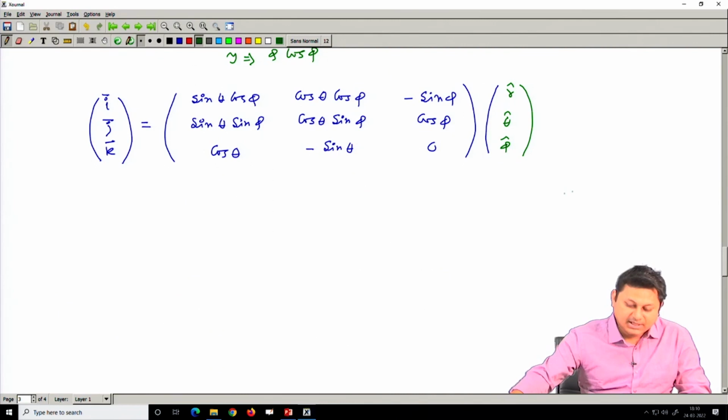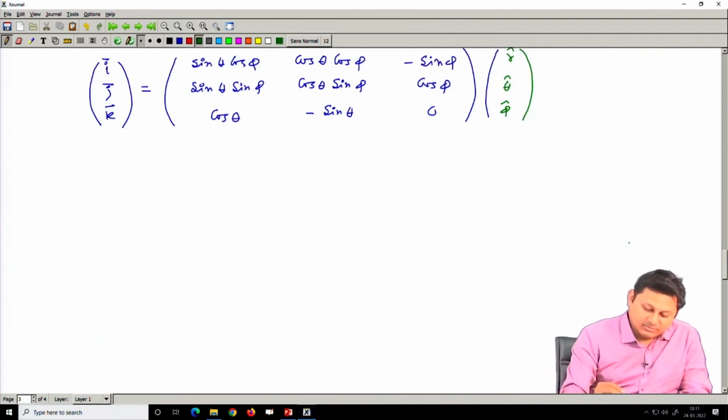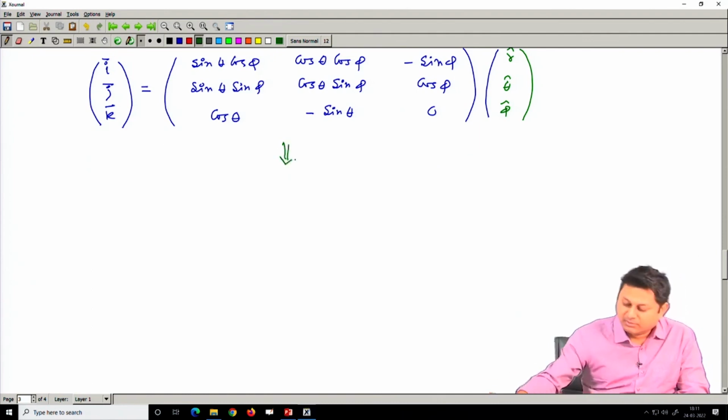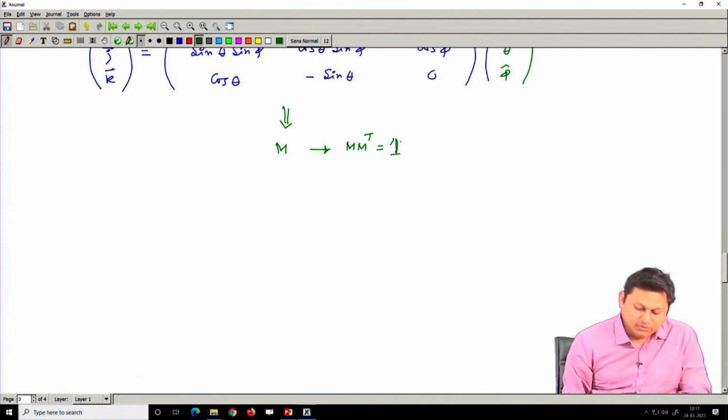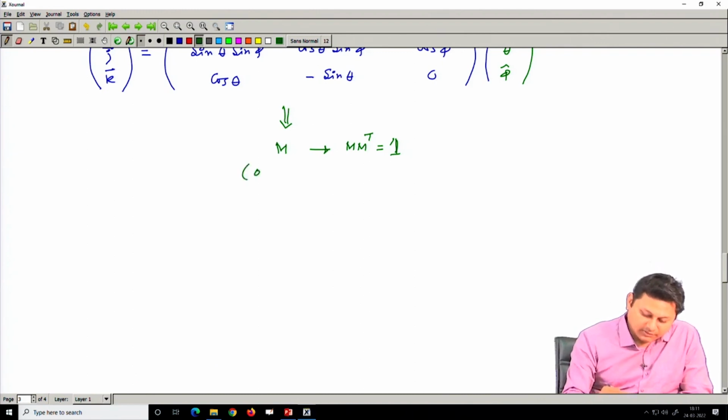This is the relationship from i, j, k to r, theta, phi, but I can also do vice versa, because this is an orthogonal transformation. Last day we mentioned that a matrix for an orthogonal transformation follows a certain rule: if M is the matrix making this transformation, then M transpose is equal to unity, because this is an orthogonal transformation.